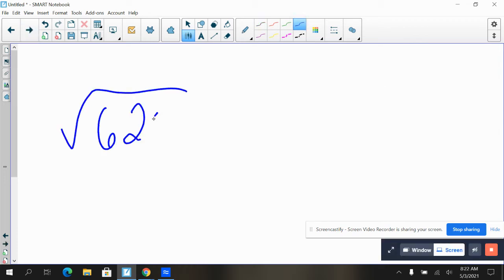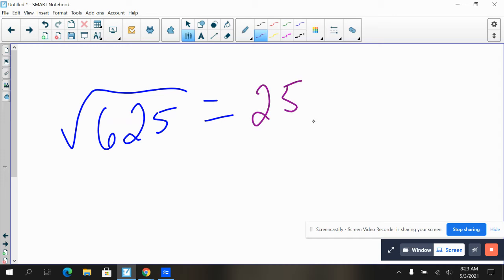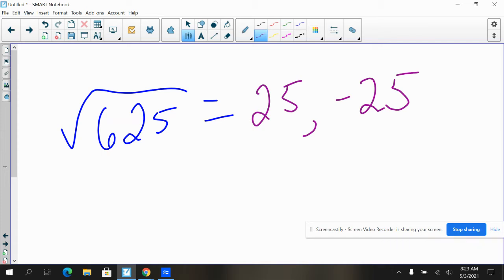How about 625? What's that one on your sheet? That's positive 25, and it could also yield us a negative 25. Now, notice the square root is not negative. We're talking about the roots. Remember that terminology we talked about? Just making sure that you're aware of that.